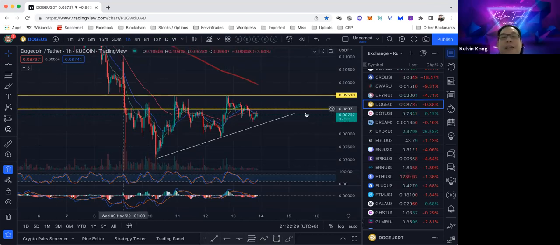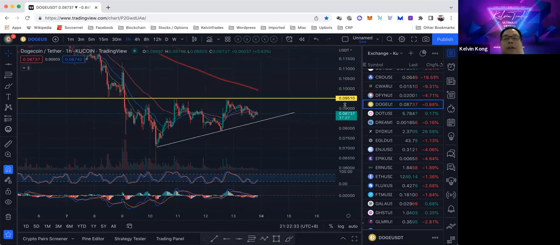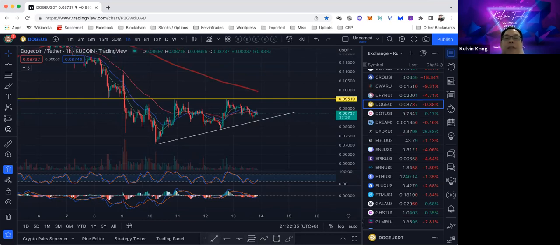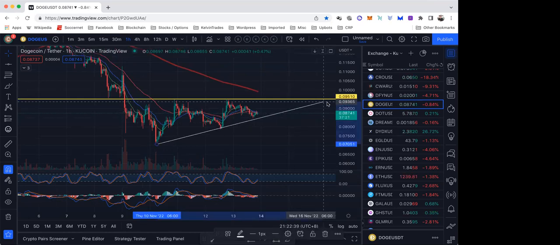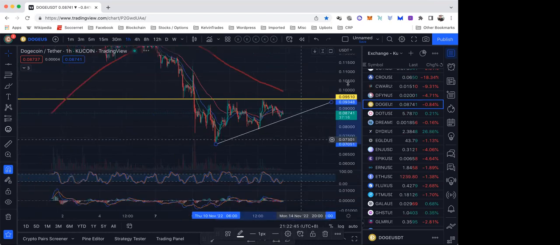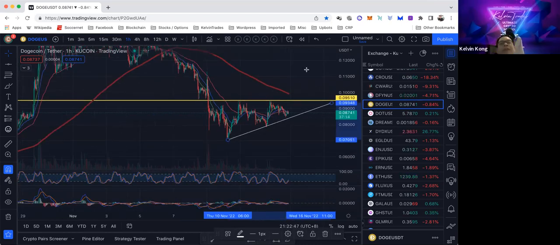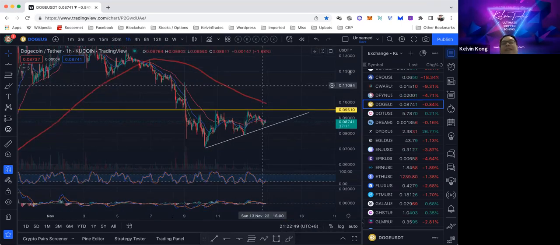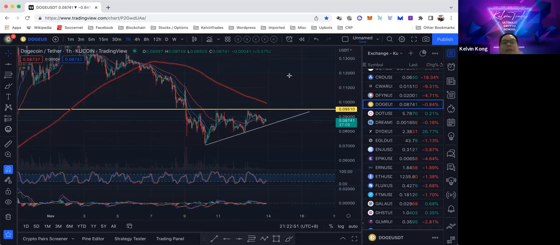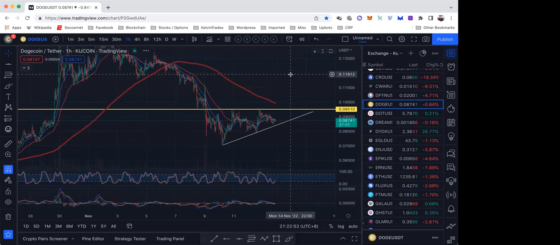Basically, if I take away this one, what kind of shape is it making? A wedge? No. I don't know, you tell me. You're supposed to know, but you don't know.